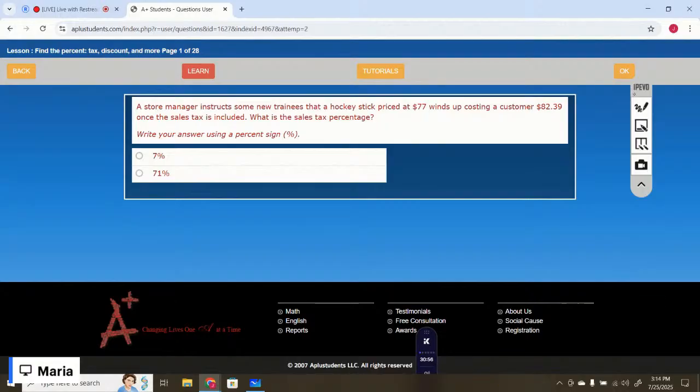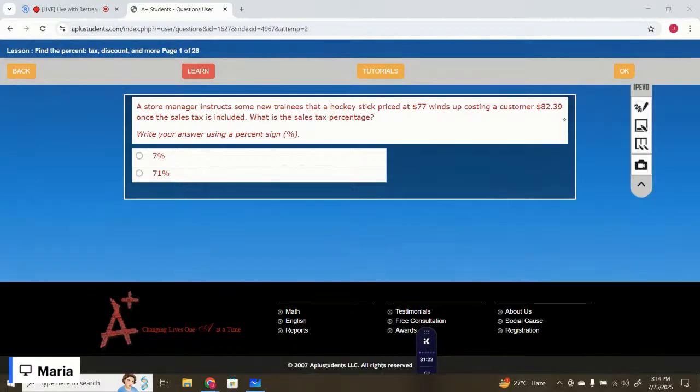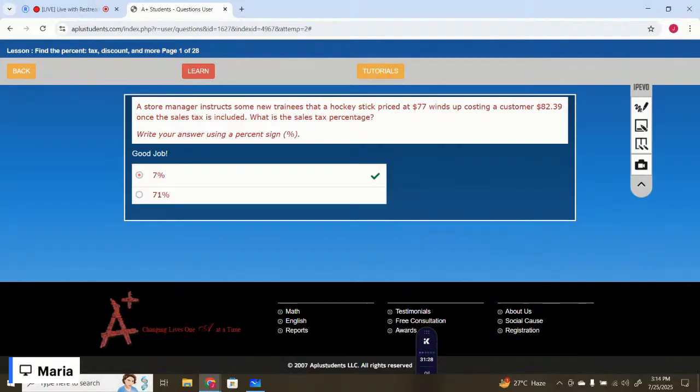So that is 5.39, divided by 77 because 77 is the original price. That would be 0.07, times 100 is 7%. So option number one is the correct option, that is 7%.